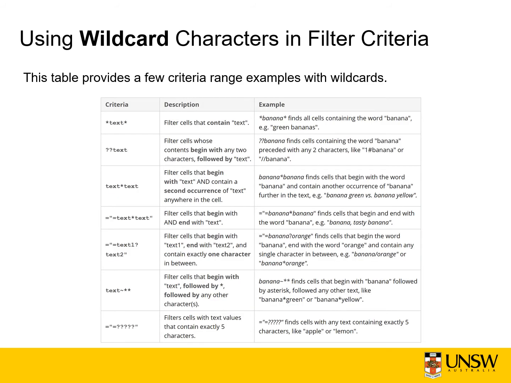In this table, you can see some examples of using wildcards. As you can see from the first example, asterisk banana asterisk shows all the fields that contain the word banana, but the beginning and the end characters and the number of them will not be considered. The second example, question mark question mark banana, shows the fields that end with banana and just have two characters at the beginning.